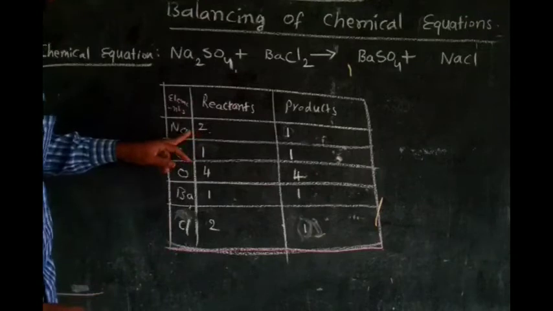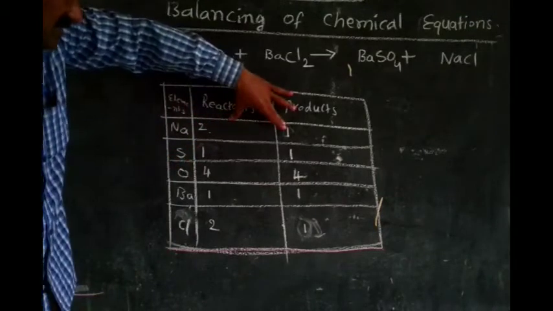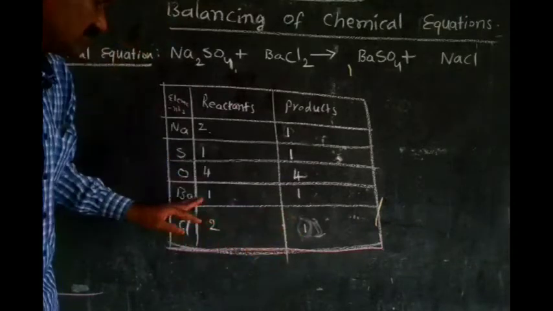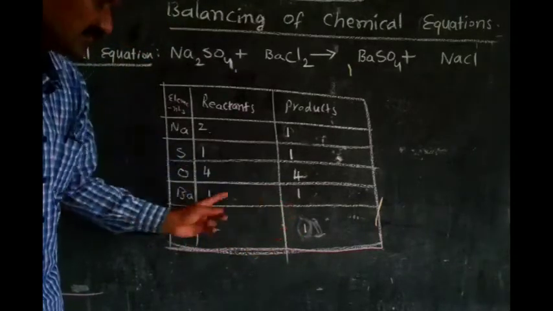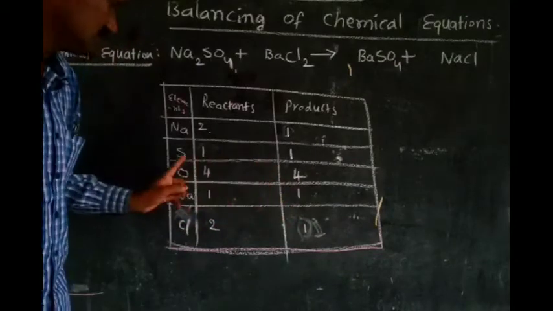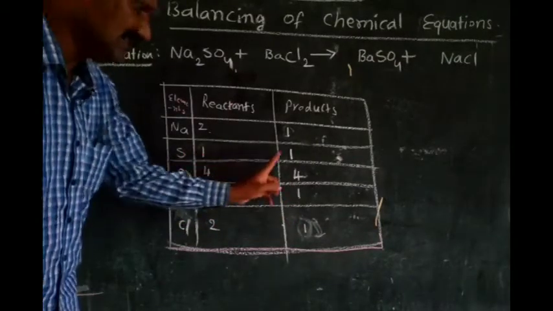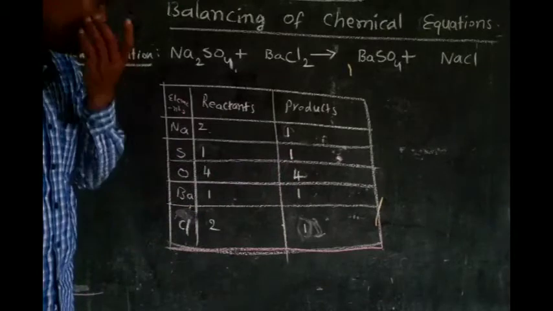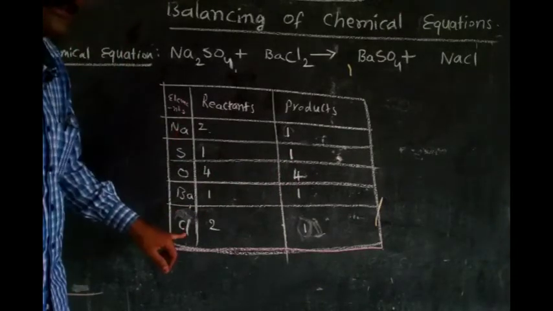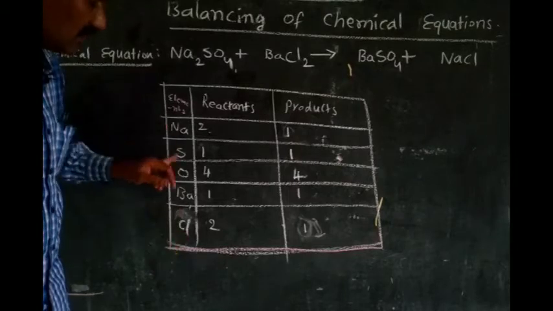Now sodium not balanced, chlorine not balanced, but barium balanced 1 and 1, oxygen balanced 4 and 4, sulfur balanced 1 and 1. Now we have to balance only sodium and chlorine.